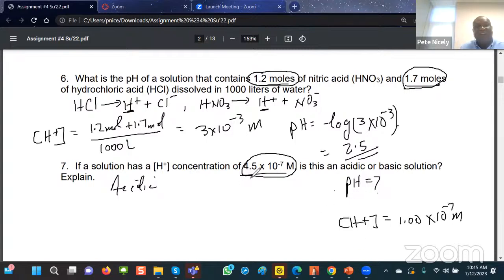This is what you're comparing. You're comparing this to this value, right? And as you can see clearly, 4.5 times 10 to the minus 7 is greater than 1.00 times 10 to the minus 7. So therefore, for that reason, the solution is acidic.